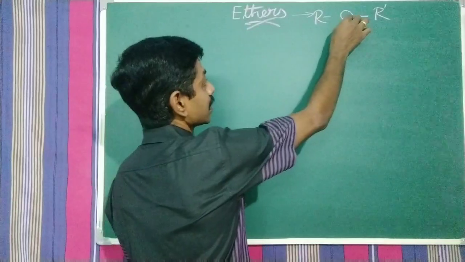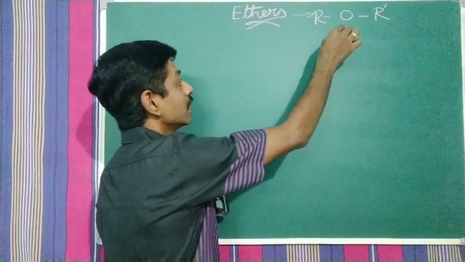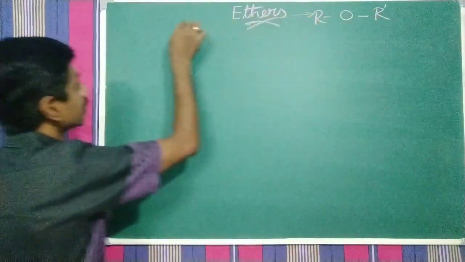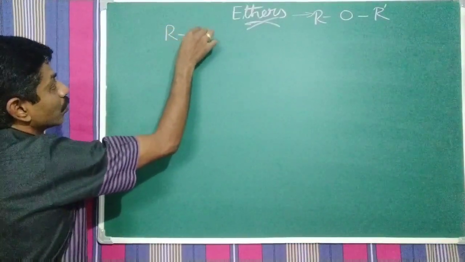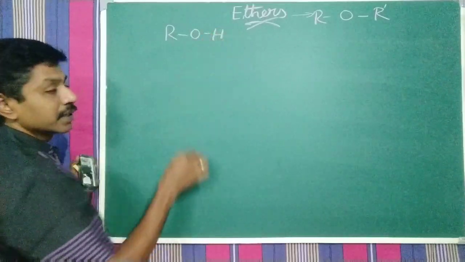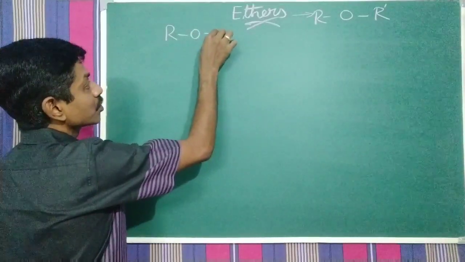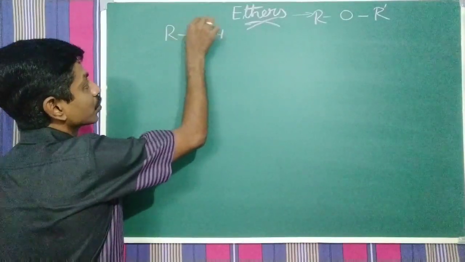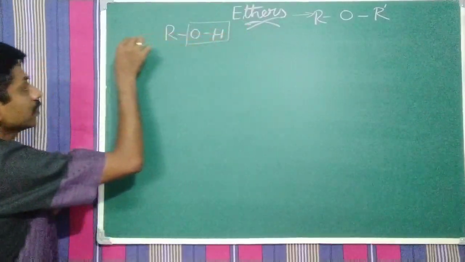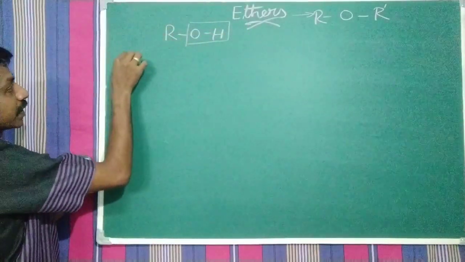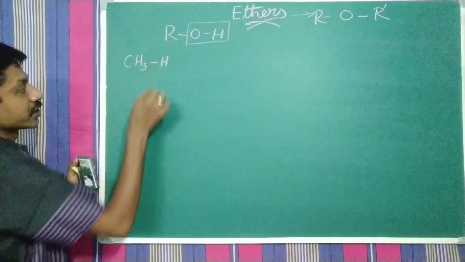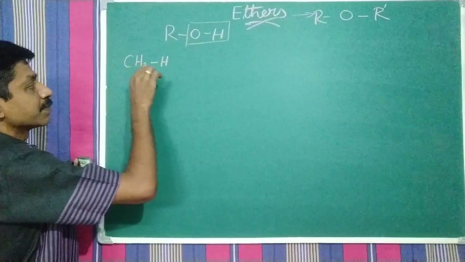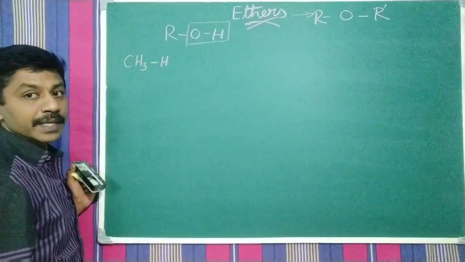So ethers are derivatives of hydrocarbons. And how do we form them? Maybe we can take an example of an R-OH group, where we have an OH group. For example, instead of an alkyl group, I go for CH3 and hydrogen; CH4 is methane.